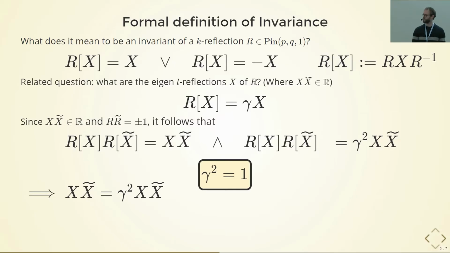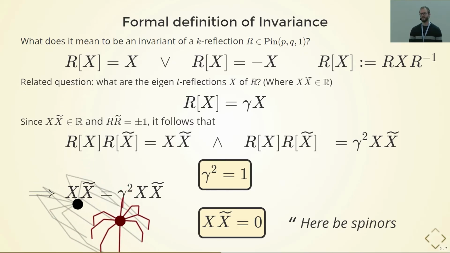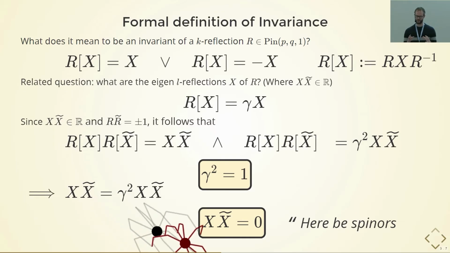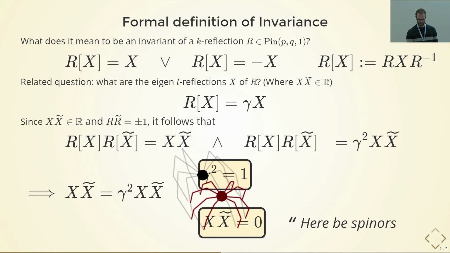But there's another solution, and that is what happens if x has a norm of 0. That's also a valid solution here. And the cool thing is that there live the spinors, in the null elements with a norm of 0.